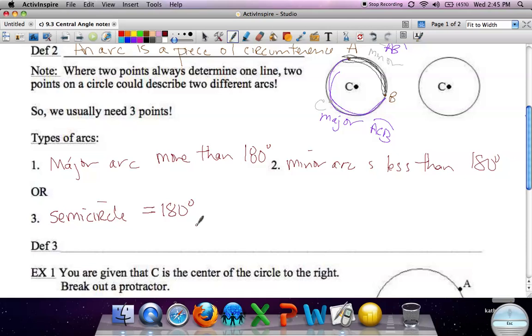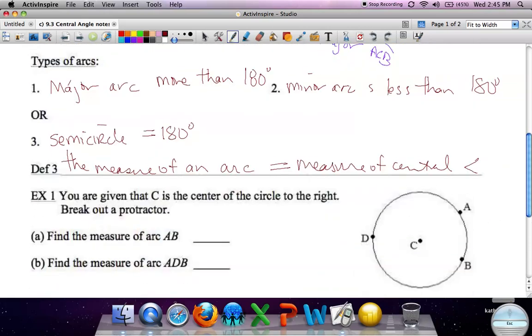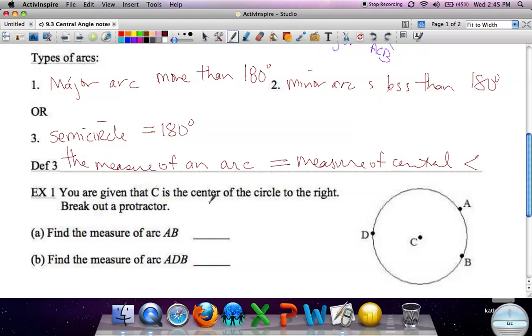So definition 3, and I think we've already sort of figured this out: the measure of an arc is equal to the measure of its central angle.